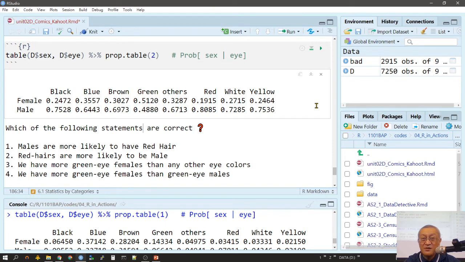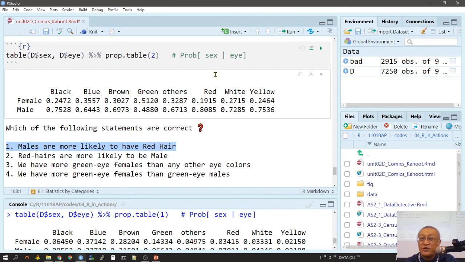Let's try to do this. We have 14, so let's have each team answer one of these questions. Team one, is this right? Male are more likely to have red hair. Is that right? No, it isn't right, because right now the base of comparison is in this direction.